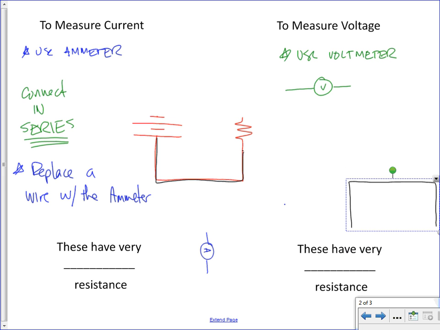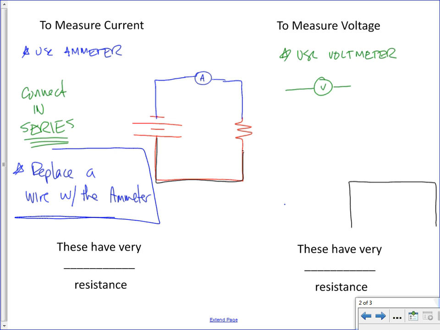I'm going to put you over there. I'm going to take the ammeter and connect the ends of it where the wire was. So anytime you want to measure current, I highly recommend removing a wire and replacing it with an ammeter.